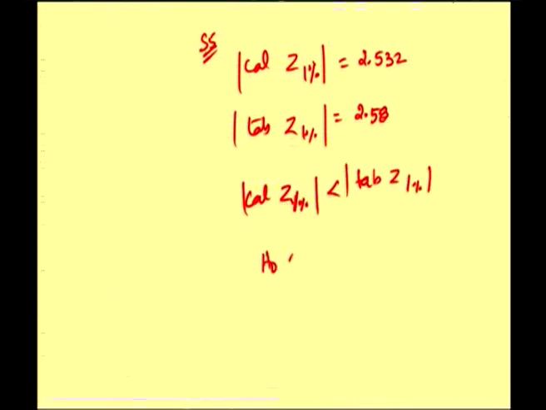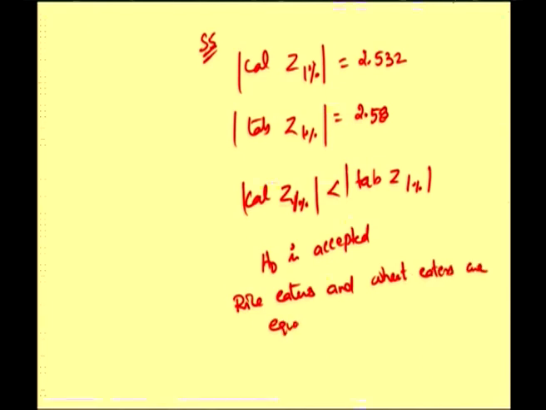Therefore, H naught is accepted, in the sense both rice eaters and wheat eaters are equally popular in the state. You have to always mention the level of significance also, that is, at 1% level of significance.